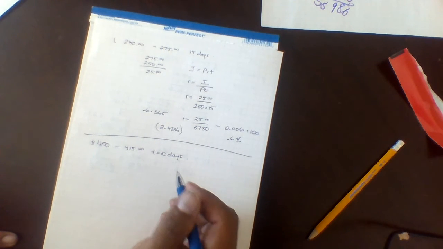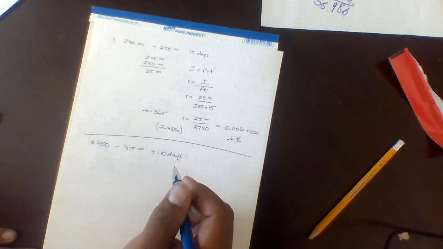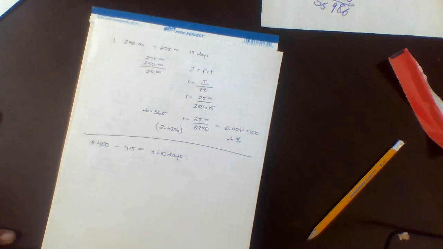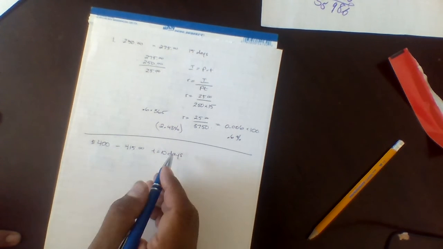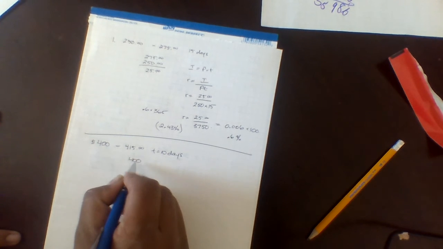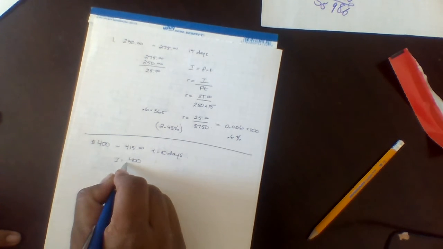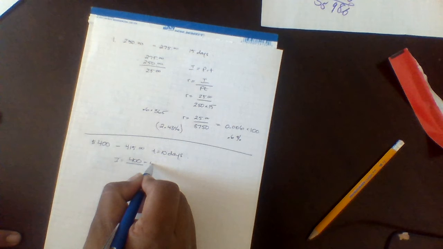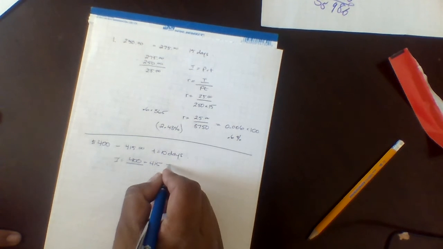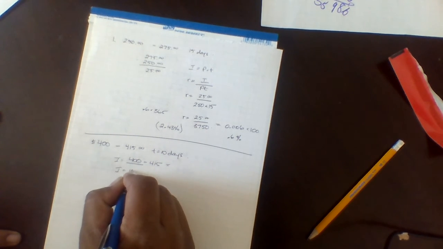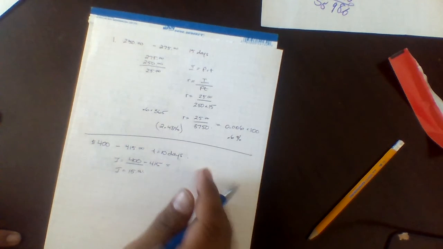The question asks, what's the annual interest rate and what's the daily interest rate? First, we figure out how much he's paid. So the interest equals 415 minus 400. Therefore, the interest equals $15 in 10 days.